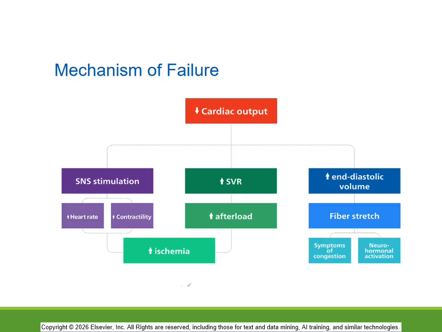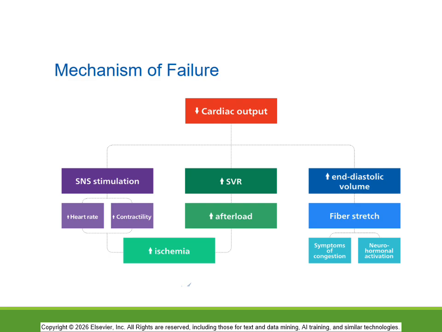So that's going to be your classic heart failure and cardiogenic shock. So remember, cardiac output equals heart rate times stroke volume, and your stroke volume is broken down by preload, afterload, and contractility.